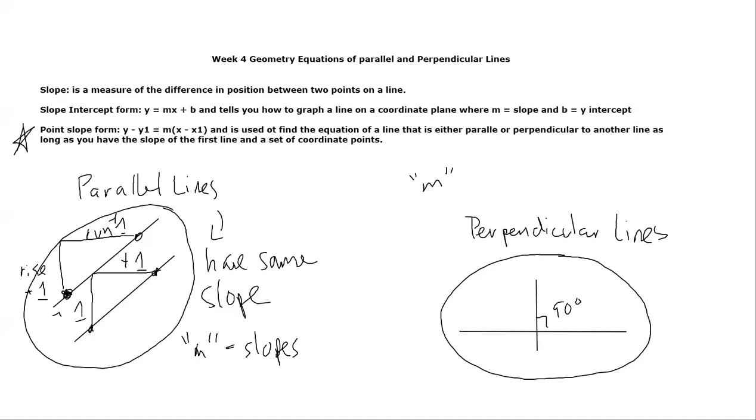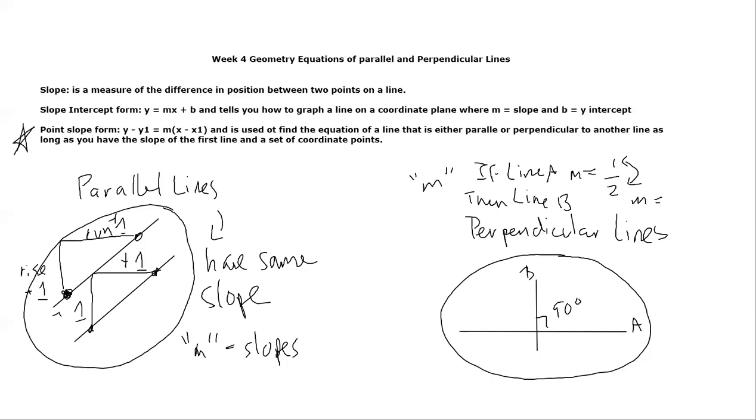Let's just call this line A, and let's call this line B. So if line A has an m value of, let's say, 1/2, then line B has to have an m value that's a negative reciprocal. What that means is that the fraction, and I'm going to explain this later, the numerator and the denominator switch places.